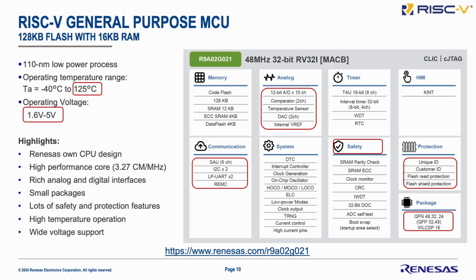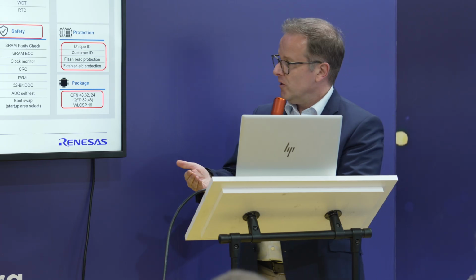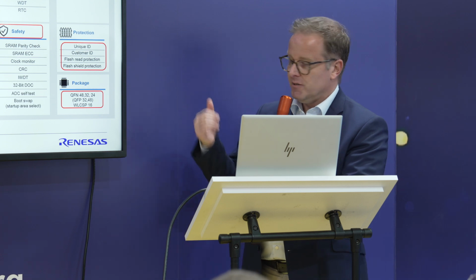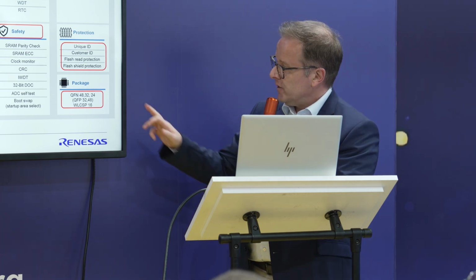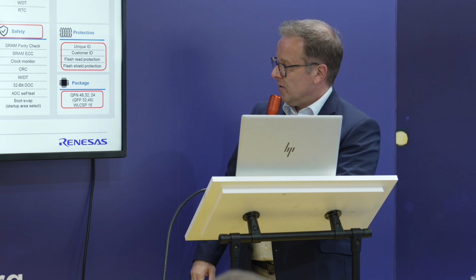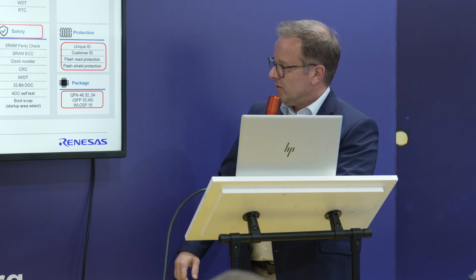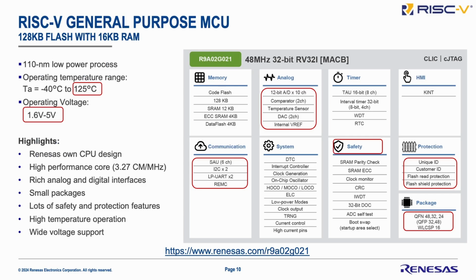It has a lot of safety features that help build strong reliability into your application, and a few protection options to make sure that your intellectual property is protected from unauthorized copying, and at the same time it makes updates in the field robust. It is delivered in quite a big variety of packages, so QFN from 48 to 24 pin, and also in a very small wafer level chip scale package, 16 pin.